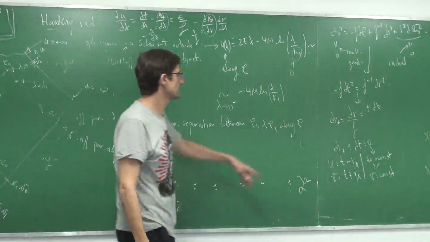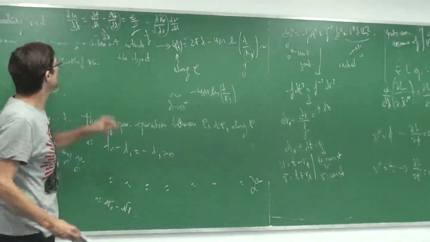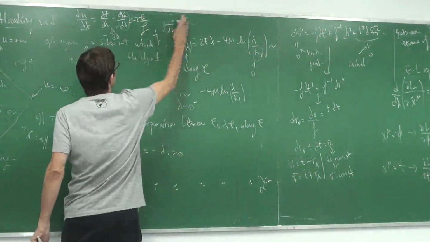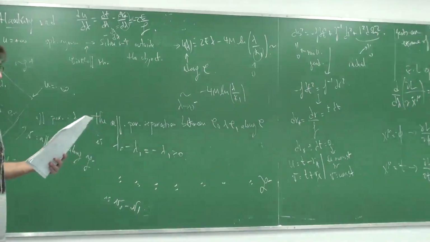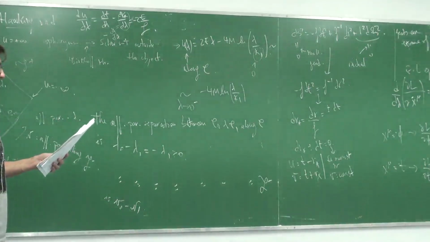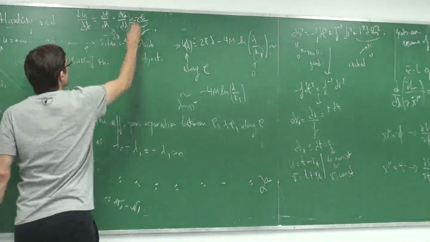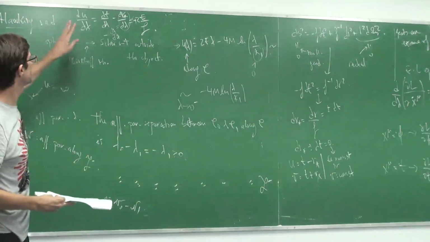You're free to choose the sign here, plus or minus. So this really is minus 2E f minus 2 dt d lambda, which is plus 2E.